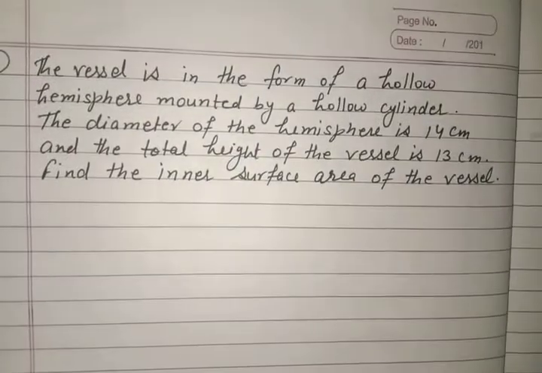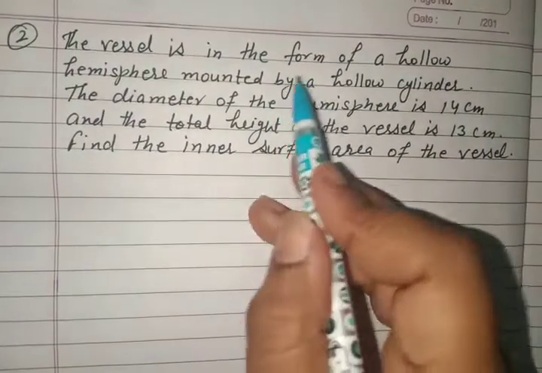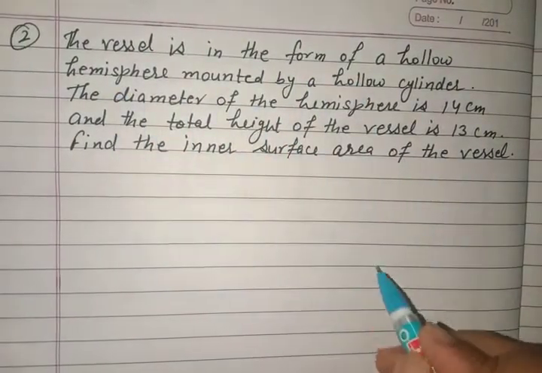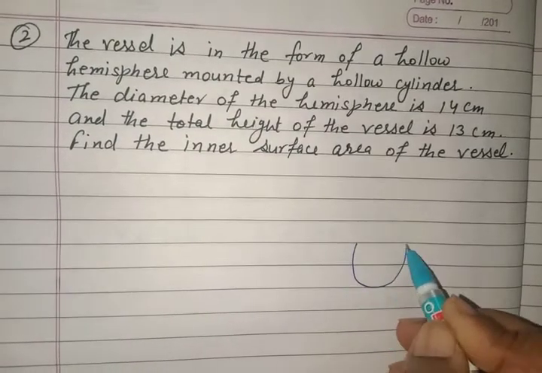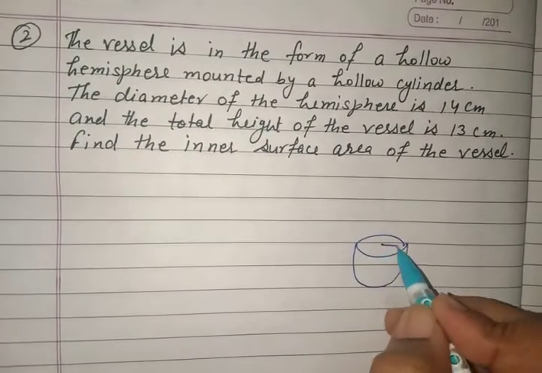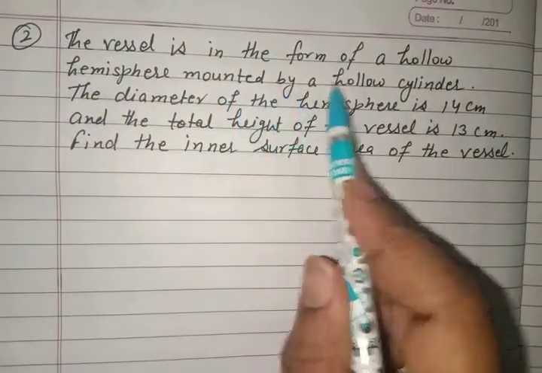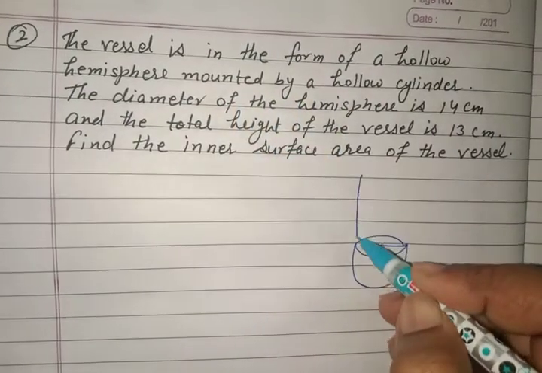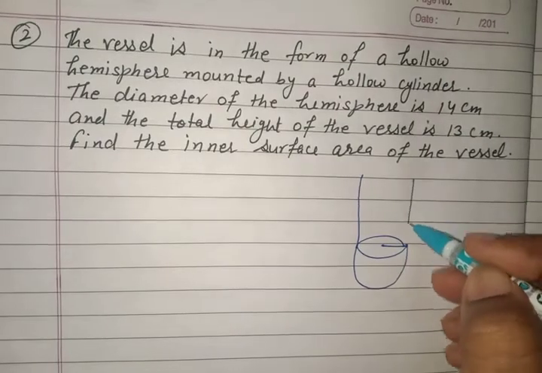Now the second question says the vessel is in the form of a hollow hemisphere. So it is a hollow hemisphere, and on it mounted by a hollow cylinder. It means a hollow cylinder is mounted on it.